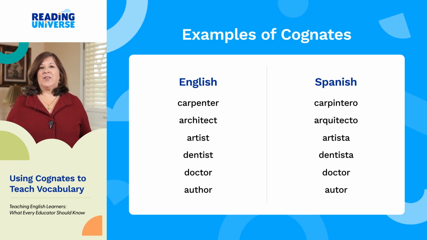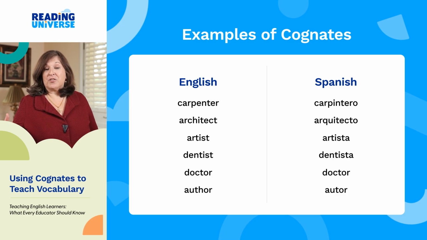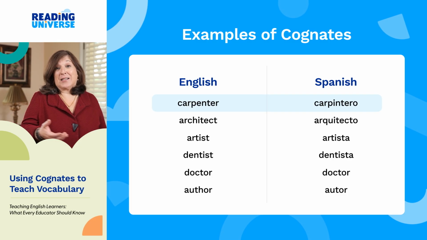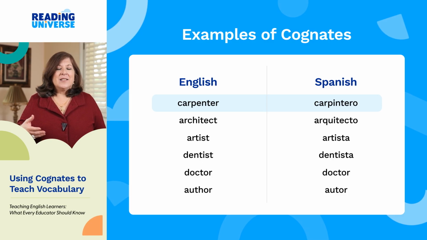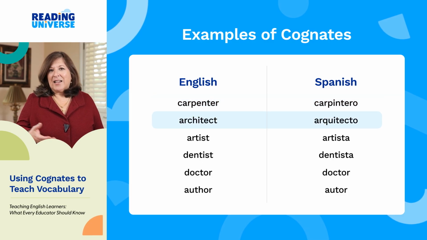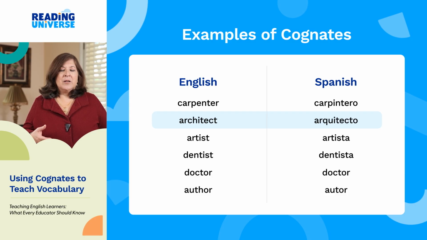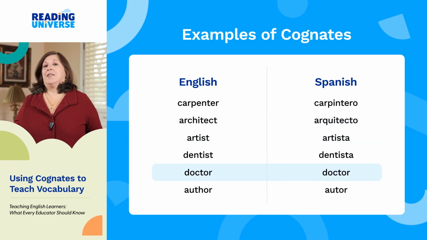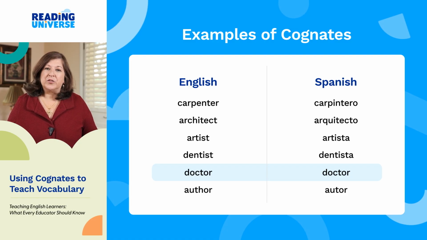I can study about occupations. Here's my central topic. I might have a word like carpenter. In Spanish, that would be carpintero. In English, I can say architect, and that would be arquitecto. Or doctor. So when we think about cognates, it's very wonderful to introduce them.